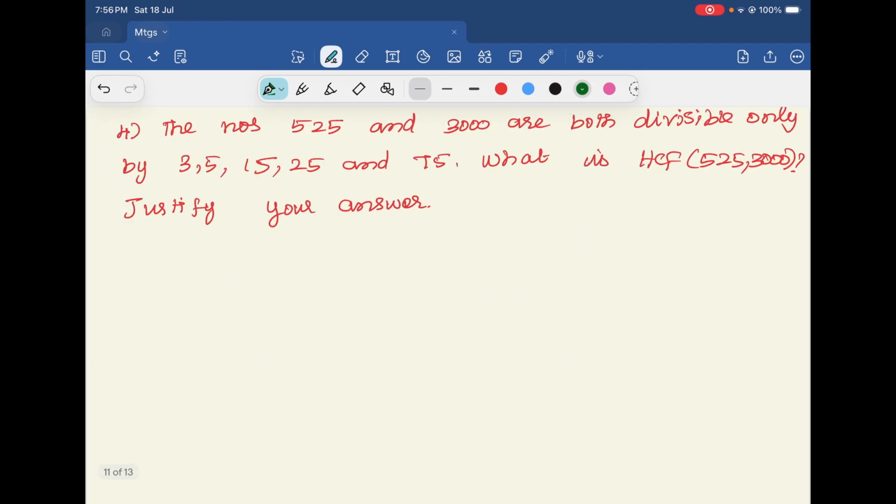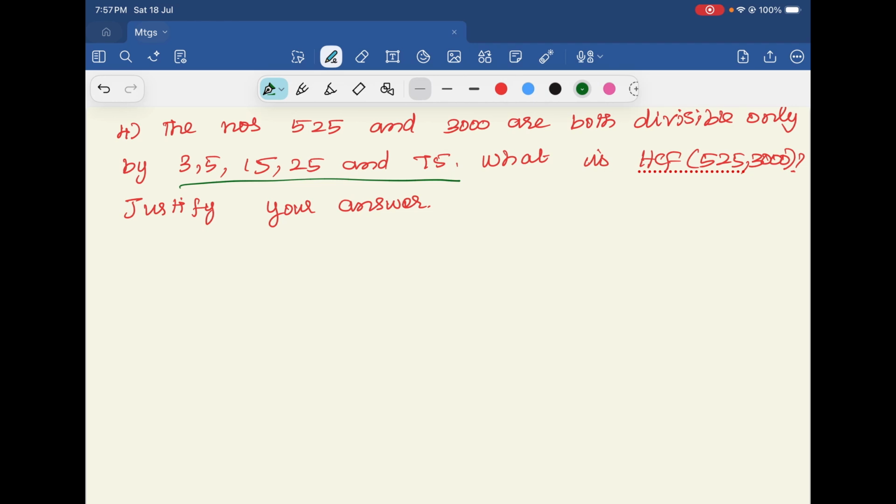Next question. The numbers 525 and 3000 are both divisible only by 3, 5, 15, 25 and 75. These are the factors of 525 and 3000. What is the HCF of 525 and 3000?